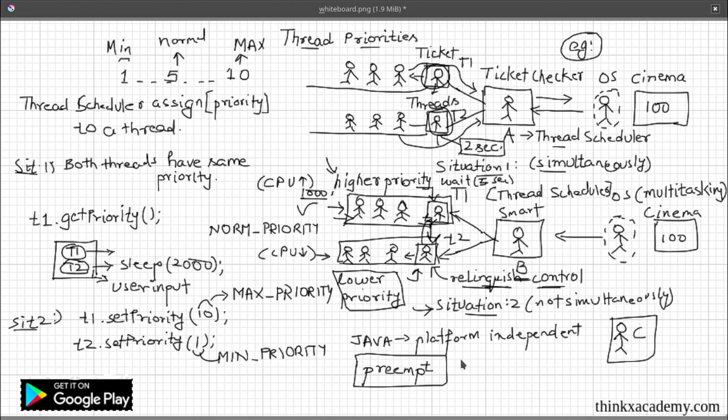So I'm going to write here a very important line, which says that a higher priority thread can relinquish control over a lower priority thread.